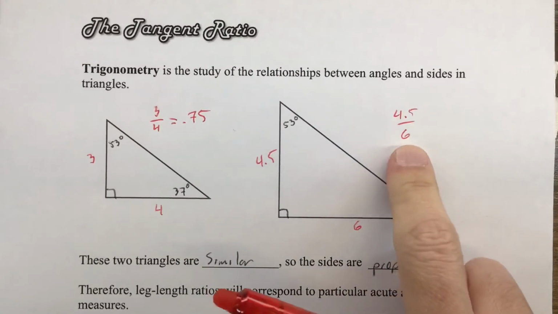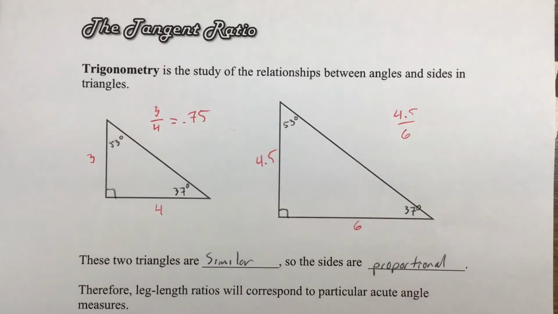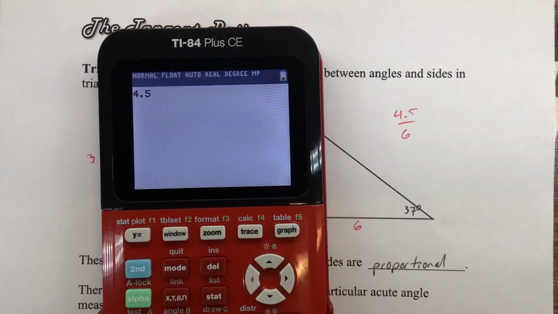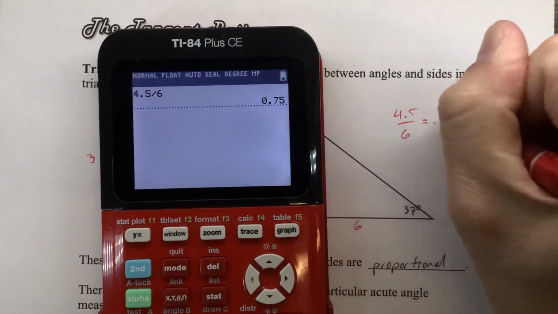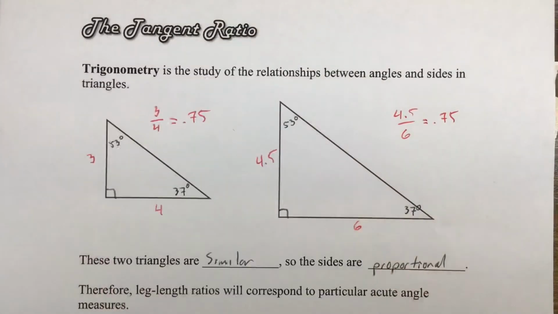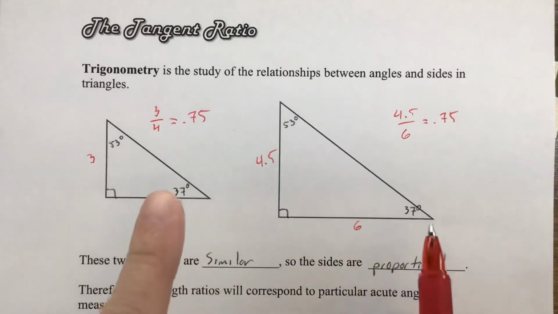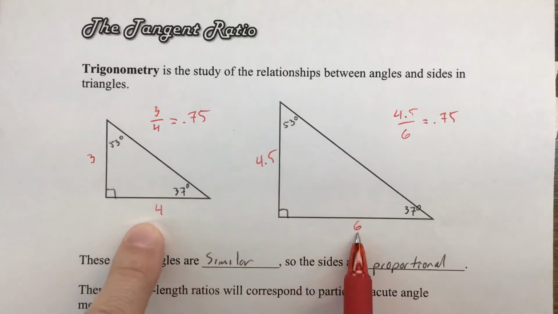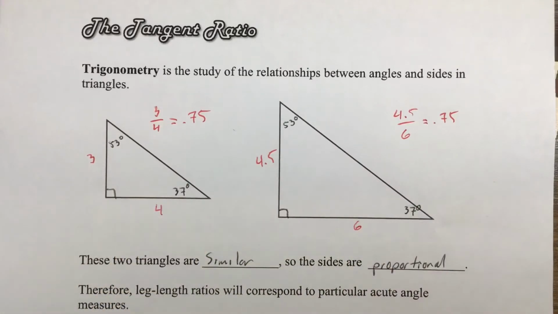And if I evaluate this one, you're going to get the same thing. I'll go ahead and show you that one just because it has a decimal in there. If I take 4.5 divided by 6, I also get 0.75. So our observation tells us that in a right triangle, if you have the same angle measurements, the ratios of the leg lengths are going to be identical to each other.